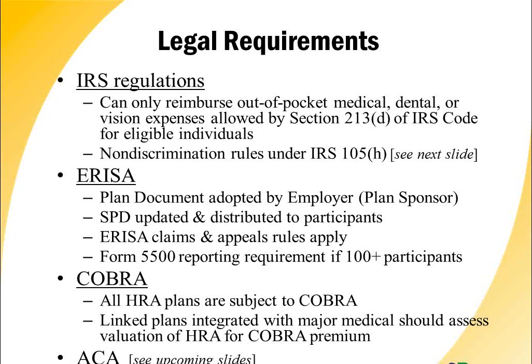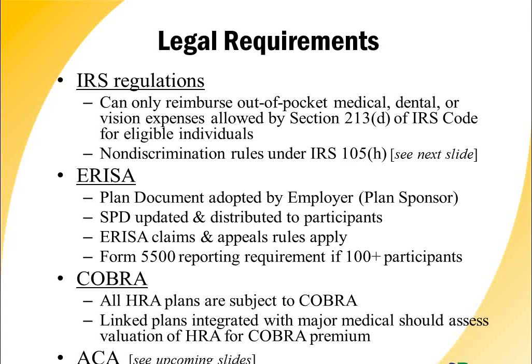The first is, of course, the IRS Code and IRS regulations. The HRA can only reimburse out-of-pocket medical, dental, or vision expenses allowed by Section 213(d) of the IRS Code for eligible individuals. Also, in the IRS regulations, there are non-discrimination rules under Code Section 105(h), which we will touch on briefly on the next slide.